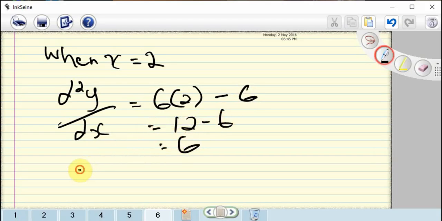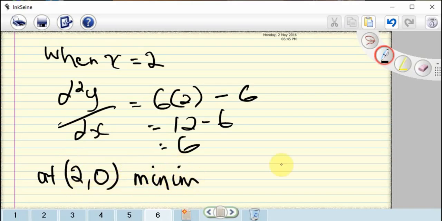So at this point, at 2, 0, we have a minimum. The nature of the stationary point will be a minimum one.